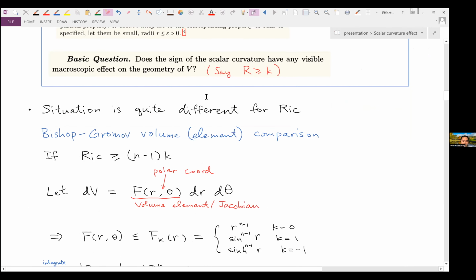So the situation is actually quite different for the Ricci curvature tensor. That's the quite famous Bishop-Gromov volume comparison theorem, which says the following. If the Ricci curvature has a certain lower bound, then if we look at the volume elements, let's say the volume form can be written as the Jacobian f times r d theta, where r and theta are the polar coordinates.